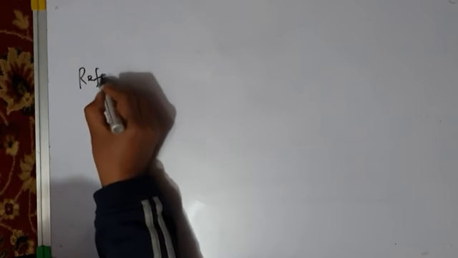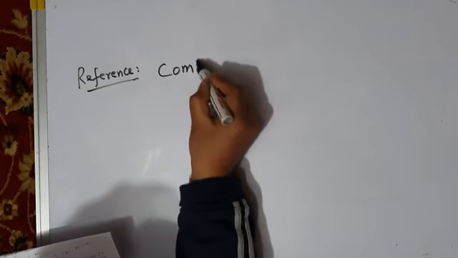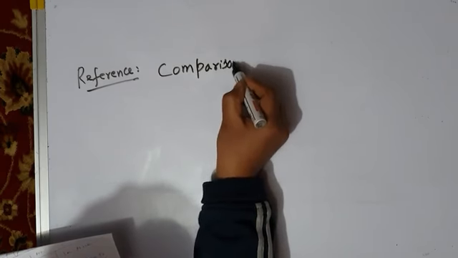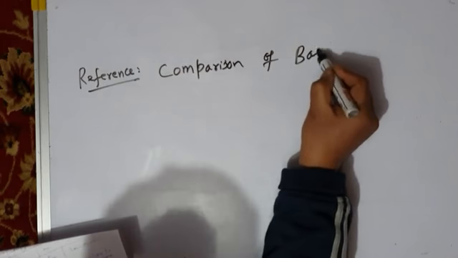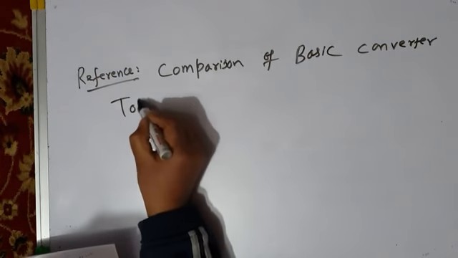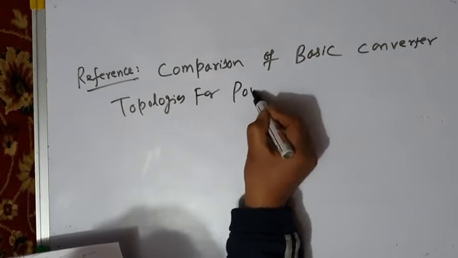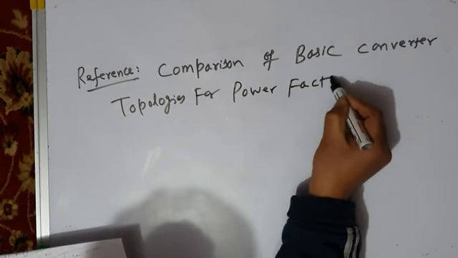The reference, the research paper from which I have studied these various types of improved power quality AC to DC converters operating in discontinuous conduction mode, is this. You can also download this research paper. The title of the research paper is Comparison of Basic Converter Topologies for Power Factor Correction.